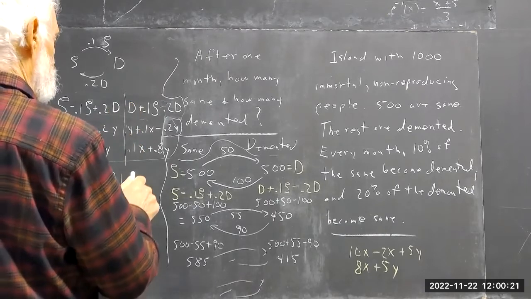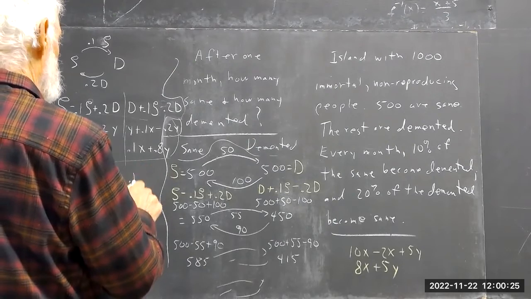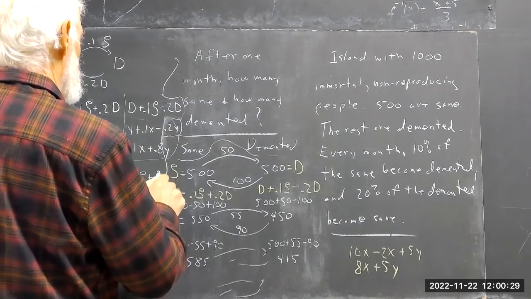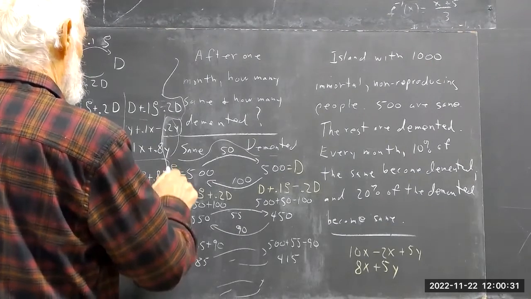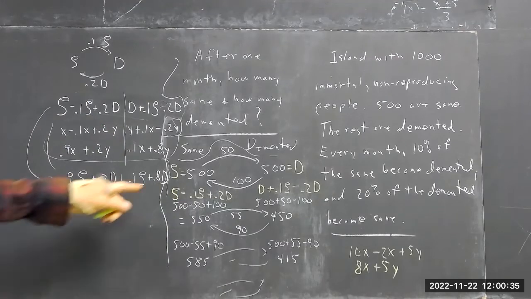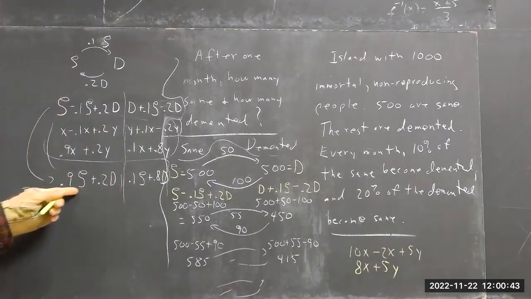This gives me, I'm going to do S first, it's going to give me 0.1S plus 0.8D. Sorry, I'm having to write these a little bigger than I did them. Running out of space. Okay. That makes sense.